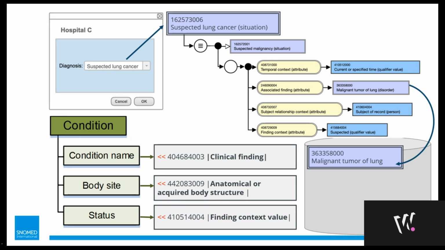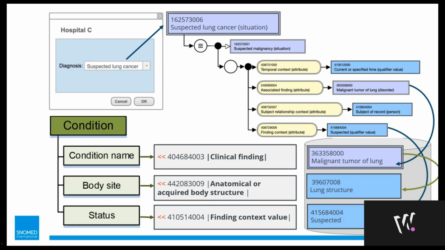This concept is within the scope of the condition data element, and can therefore be stored. And as before, the finding context value to store is the finding context concept of suspected. To store the appropriate value for the body site data element, this can be derived from the definition of malignant tumor of lung, which has a finding site of lung structure.